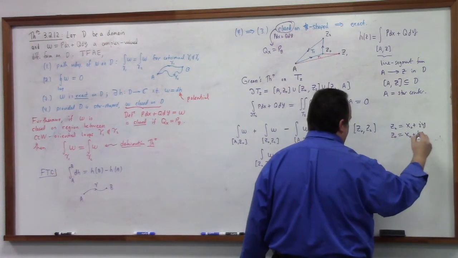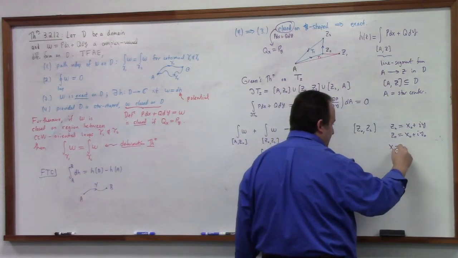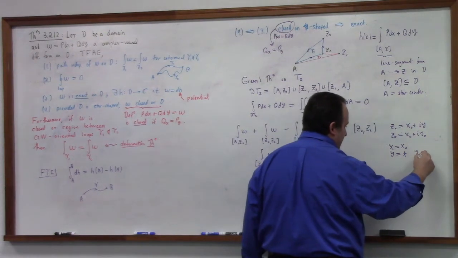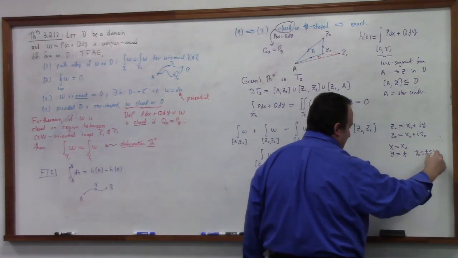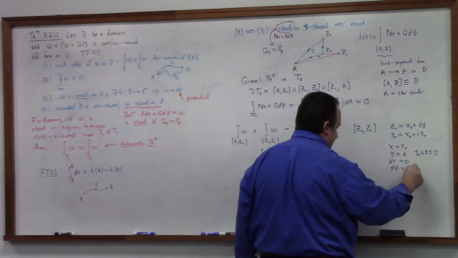And so z naught to z2 has parameterization x equals x naught, y equals t, for y naught less than or equal to t less than or equal to y. dx is 0, dy is dt.